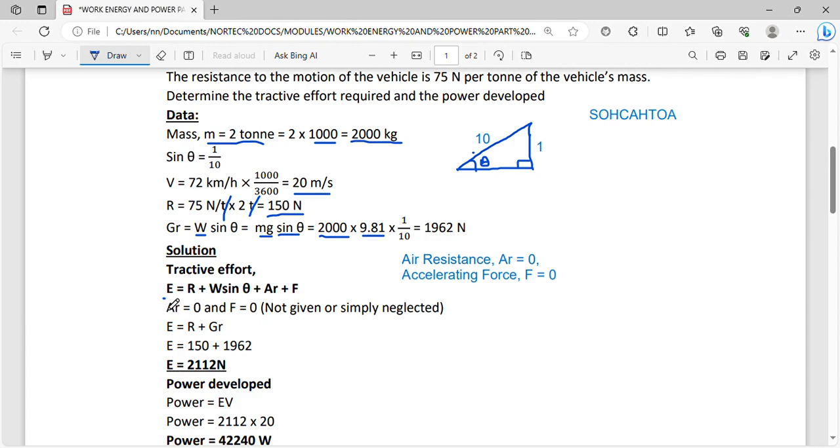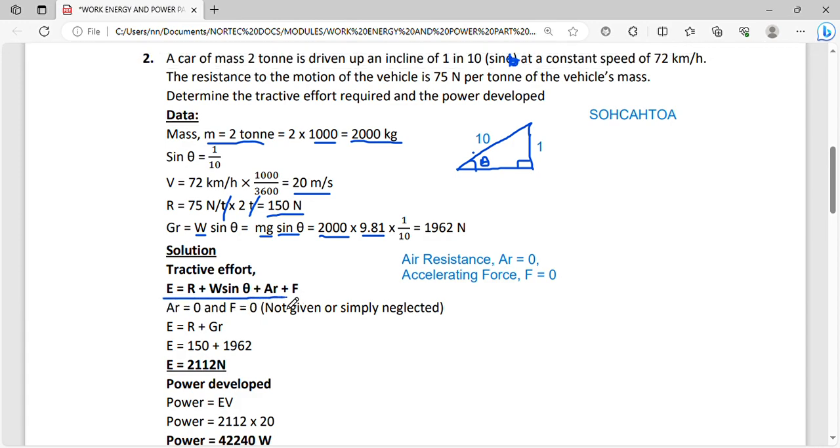Now we can write the equation in full. We said the tractive effort should be able to overcome the friction, the loading resistance, the gradient resistance, and the air resistance, including the accelerating force. But you will notice F is 0 and air resistance is 0, which just leaves us with the loading resistance, which is the friction resistance R, and the gradient resistance.